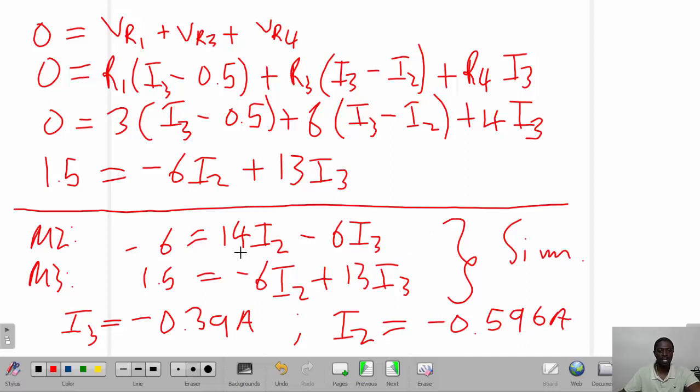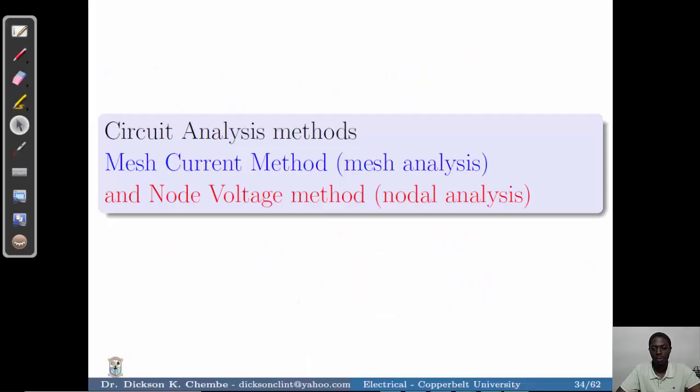A simpler way, you could multiply this by 6 and this by 14, and then you cancel out the I2 and you find I3, which will give you 0.39, and then you replace 0.39 in one of the two equations and obtain the solution for I2.